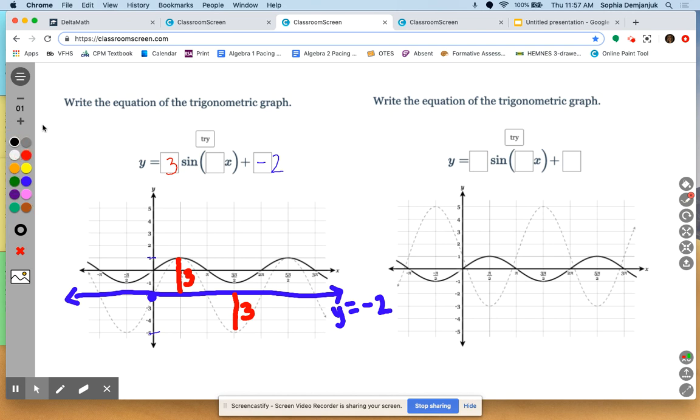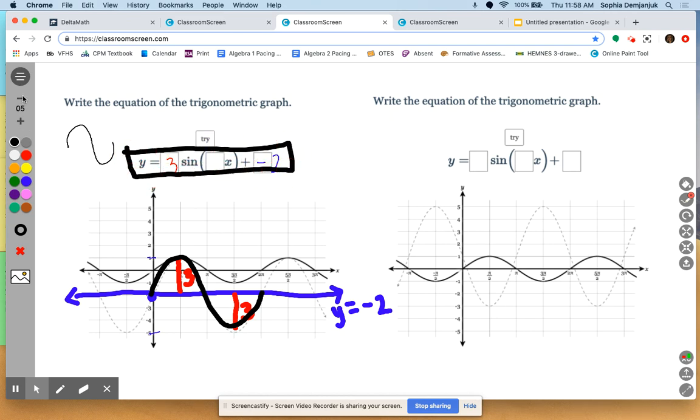Usually my sine function has a high peak and then a low peak. Looking from the start of the y-intercept, it was a high peak first and then a low peak. So there was no reflection. We're good with just this equation, with 3 as the amplitude, -2 as the midline.